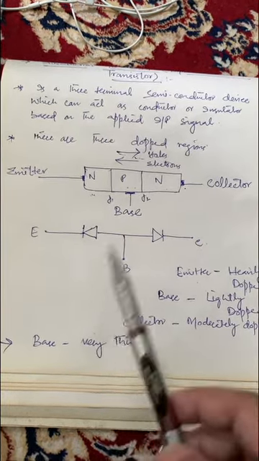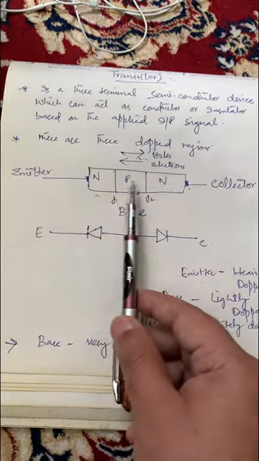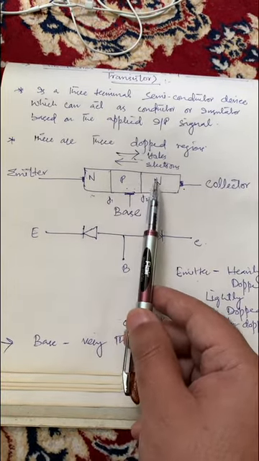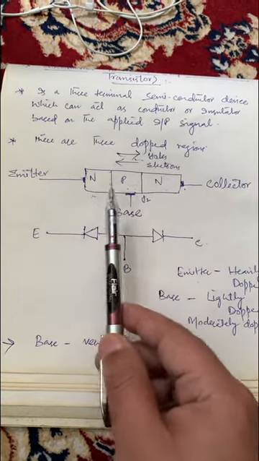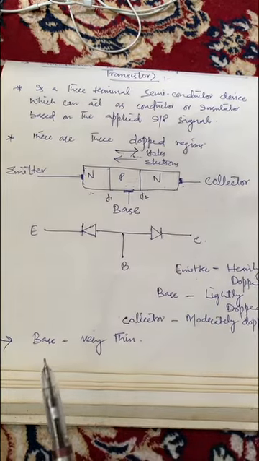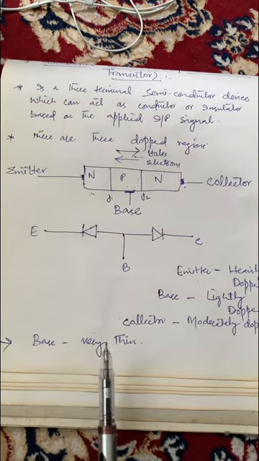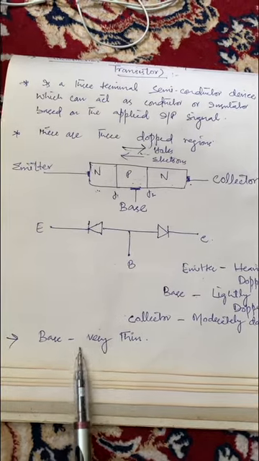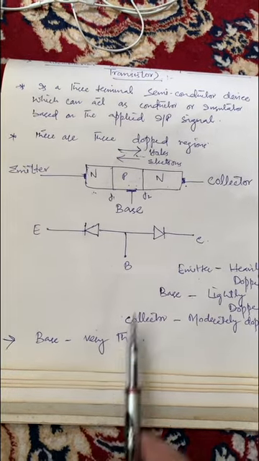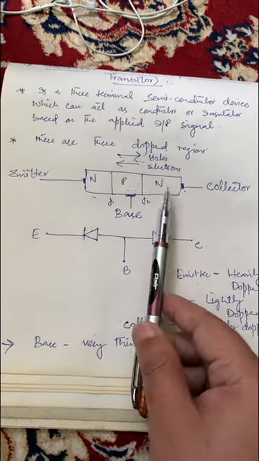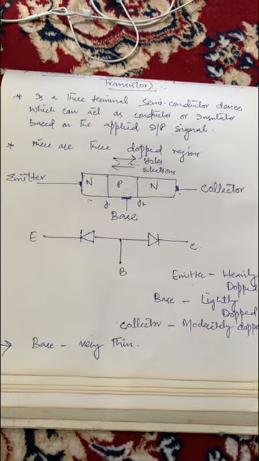And if we talk about the width of these three regions, then the base region is very narrow as compared to the other two regions. We can say that the base region is very thin as compared with the emitter and collector.